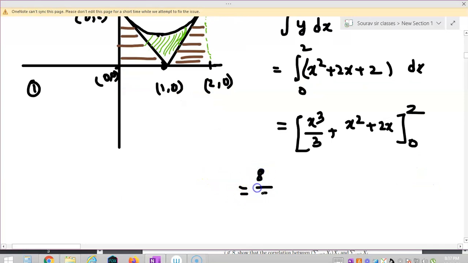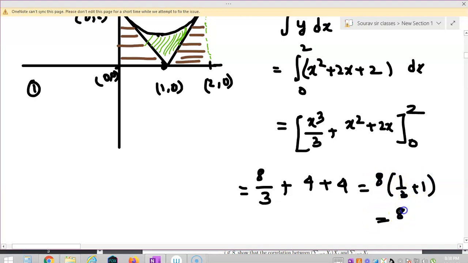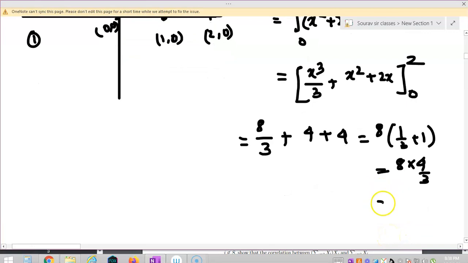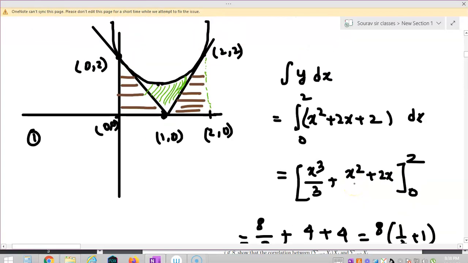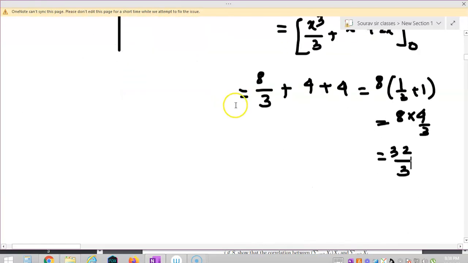If I put x equal to 2, it will be 8 by 3 plus 4 plus 4, so 8 plus 4 by 3, which is 32 by 3. So the area under this parabola, the axis and the line x equal to 2 is 32 by 3.